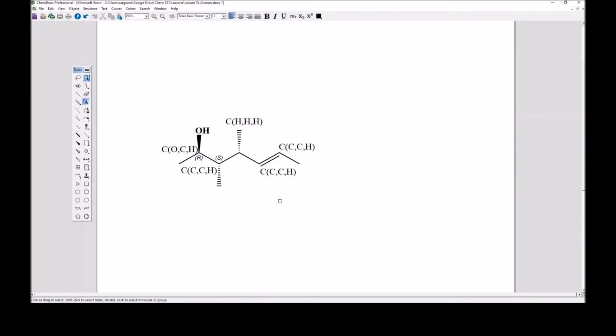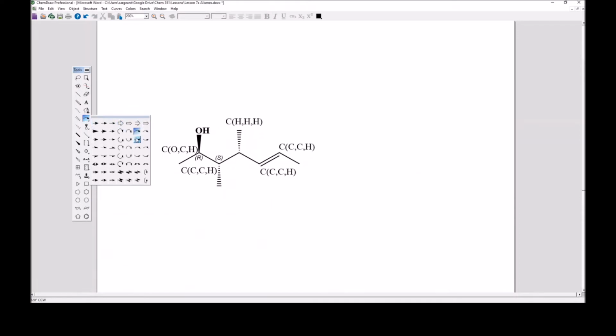So now I'm ready to establish the priority. Of the 4 things coming off, the hydrogen is the lowest priority, and it's actually coming towards me, so whatever label I come up with, I've got to switch it. Of the remaining ones, this carbon on the left-hand side is higher priority than the carbon on the right-hand side, because the carbon on the left is connected to a carbon that's connected to an oxygen, and the carbon on the right is connected to a carbon that's only connected to another carbon.